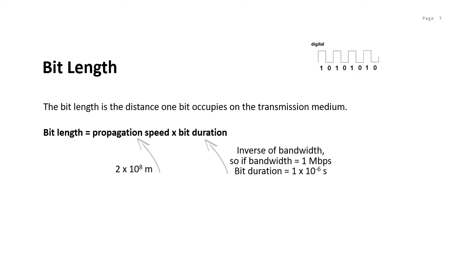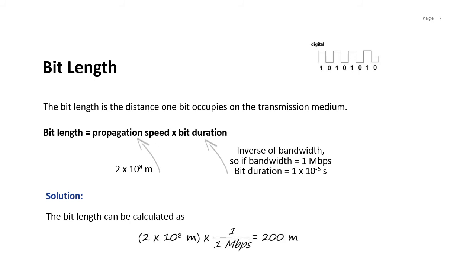With this example, we have a propagation speed of 2 times 10 to the power of 8 and a bit duration of 1 microsecond. What is the bit length? The bit length can be calculated as 2 times 10 to the power of 8 multiplied by 1 over 1 megabit per second, and you get 200 meters.